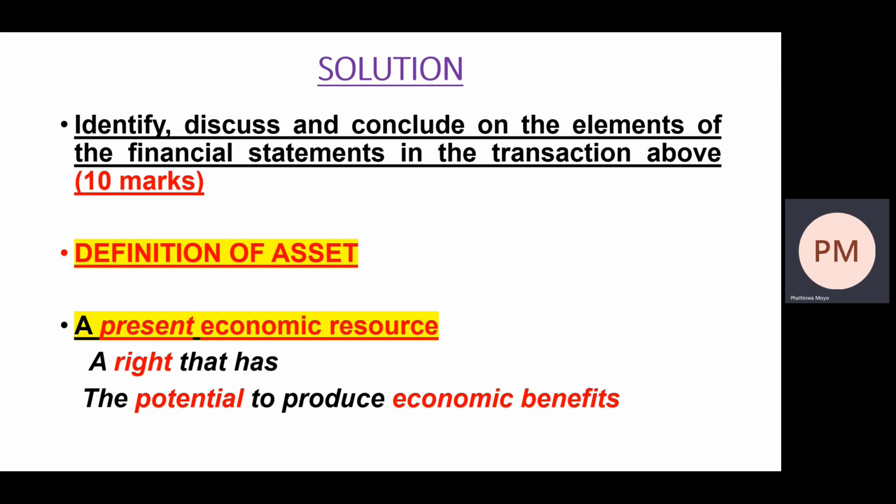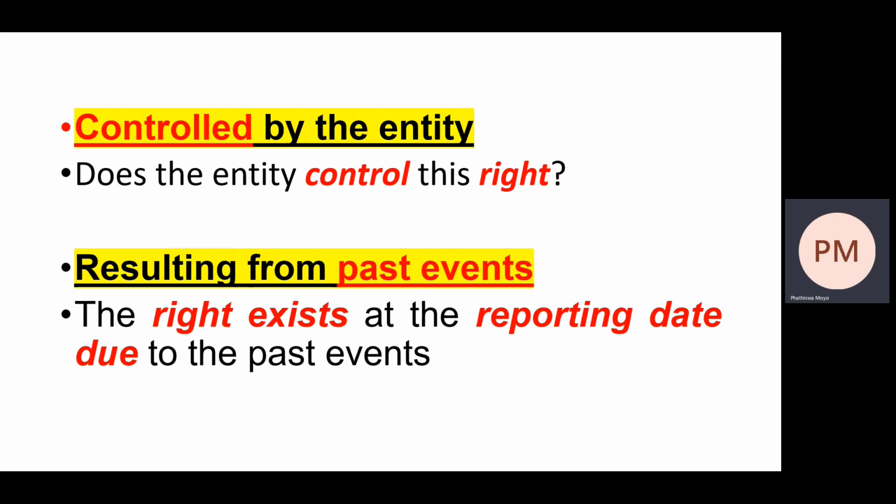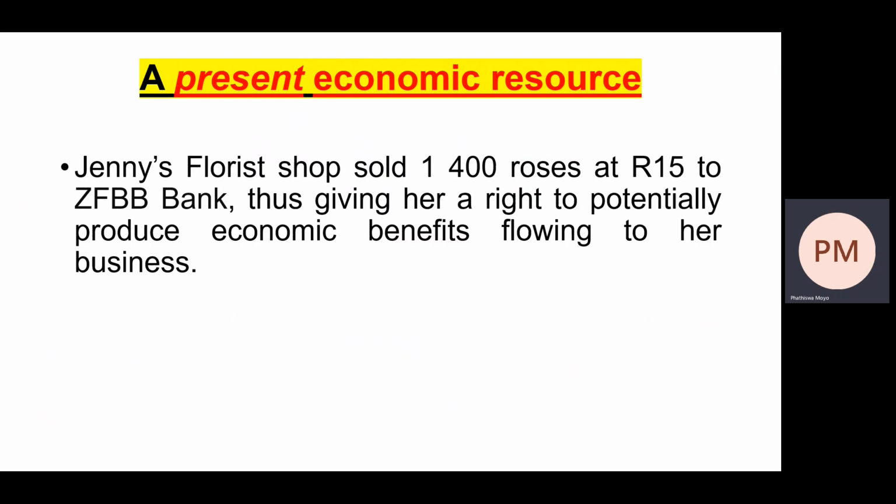A present economic resource is a right that has the potential to produce economic benefits. Then the next thing: it's controlled by the entity. Under that, you must always ask yourself, does the entity control this right that it has to produce potential economic benefits? And then it's resulting from past events. The right exists at the reporting date because of past events.